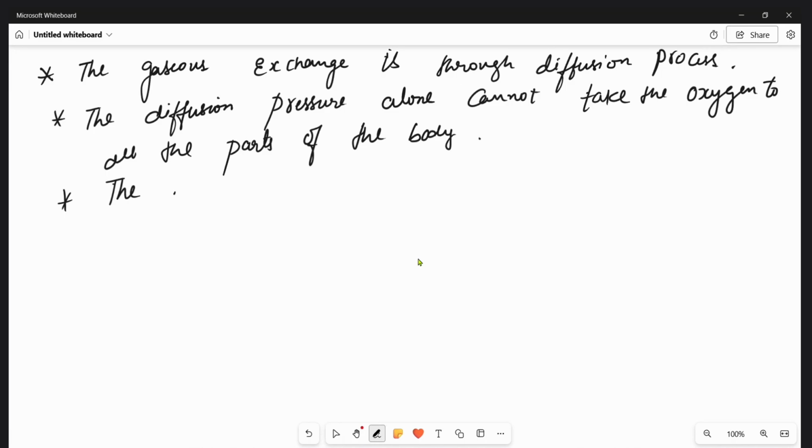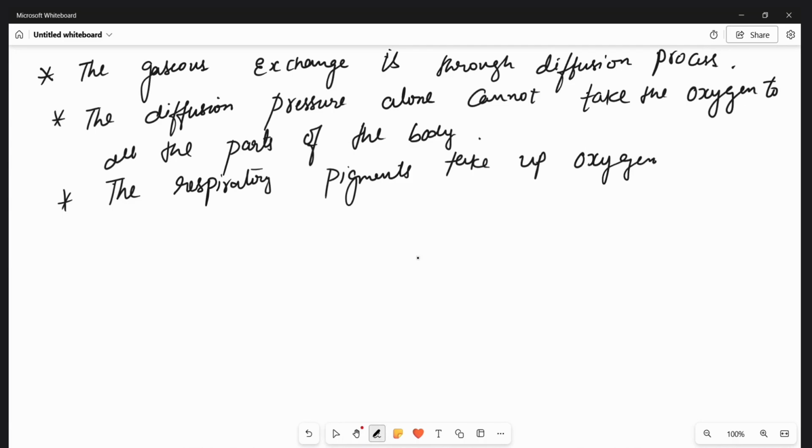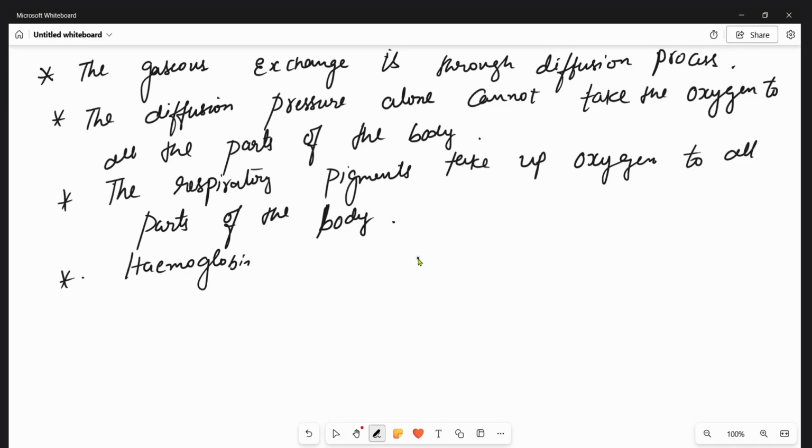The respiratory pigment takes up the oxygen to all parts of the body. Hemoglobin has high affinity for oxygen.